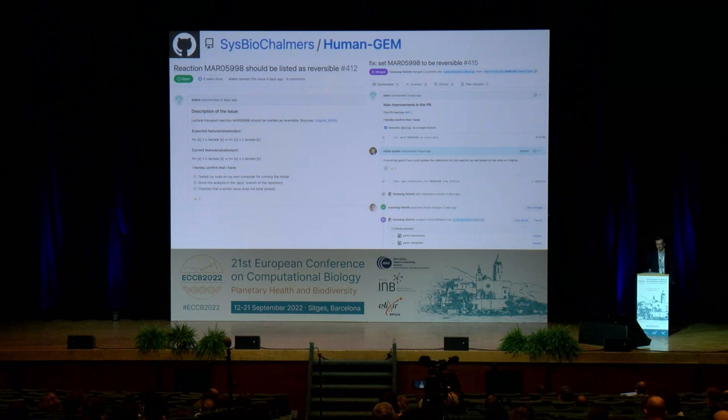I mentioned the seven questions that start with W, and how does an open source model on, say, GitHub answer these? Here on the left side I've selected an issue created about a reaction, and on the right side, the subsequent pull request to fix that.